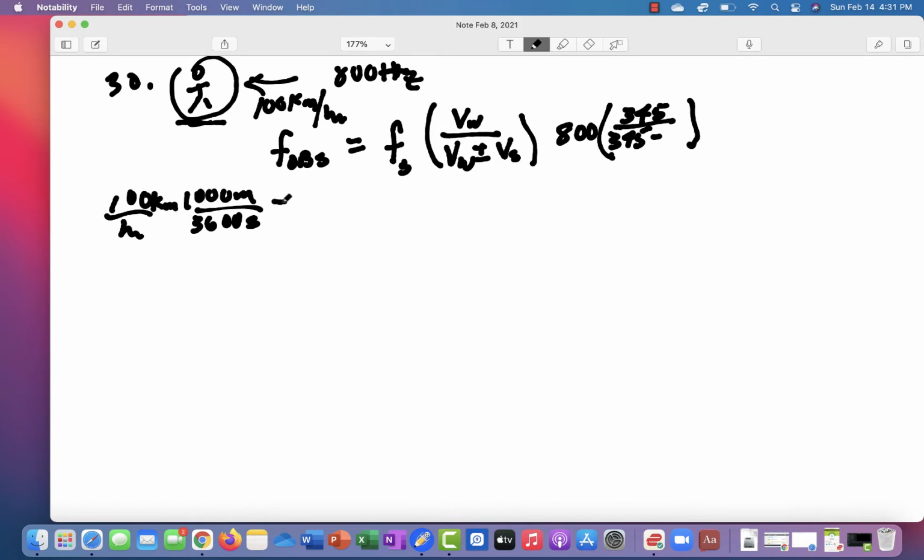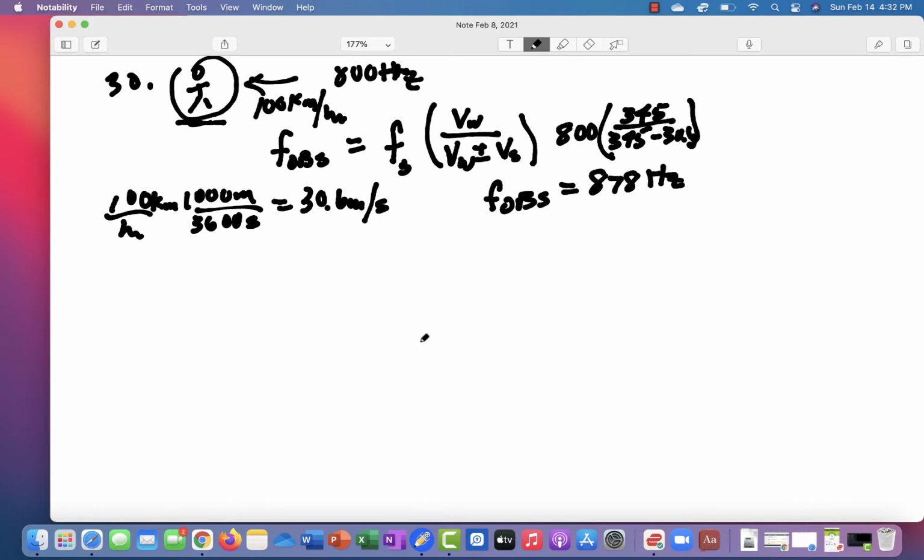If you do the math here, you get 30.6 meters per second, and that's what you put in here. And then if you do that math, the observer hears a frequency of 878 hertz instead of 800.